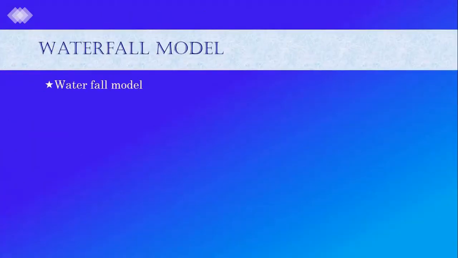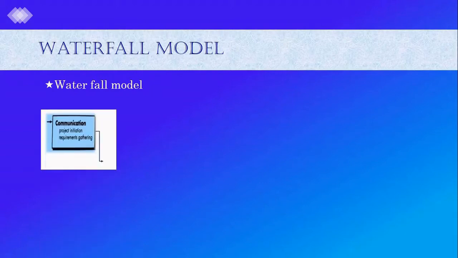This is the image of the waterfall model. In a waterfall model, the framework activities run in a linear or sequential fashion. Communication, planning, modeling, construction and deployment are the 5 framework activities which will be run.